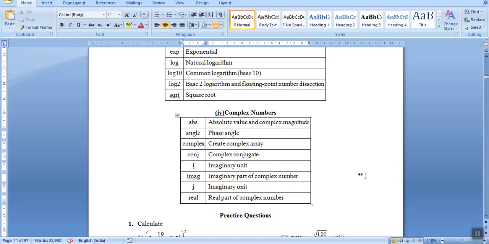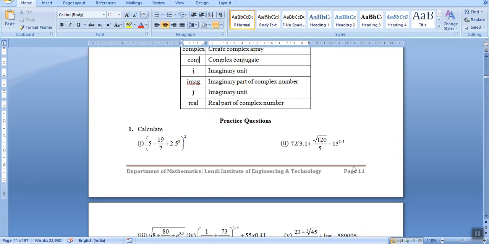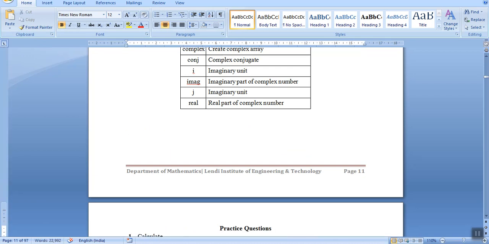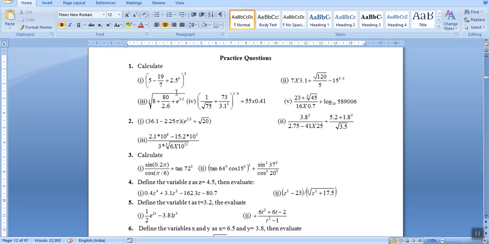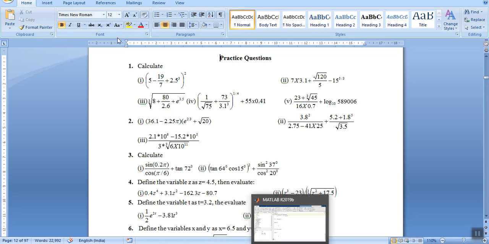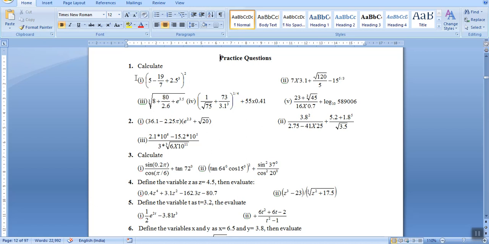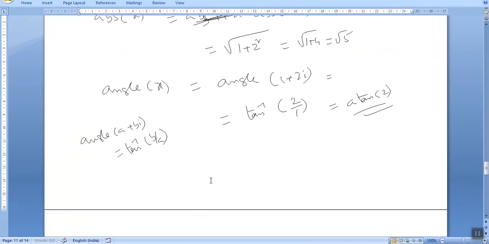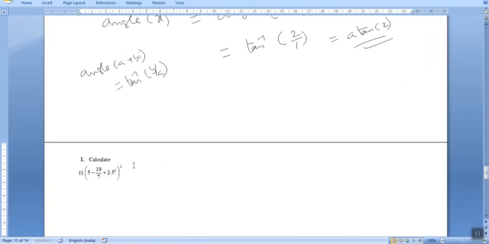So now coming to some practice questions. I will explain one by one. Now what is the value? Calculate all these values using our software. Just for understanding, I will copy this one the first time, then later we are not required.